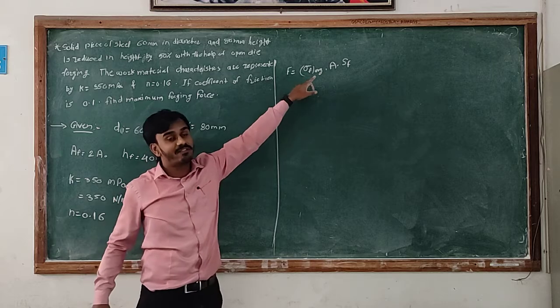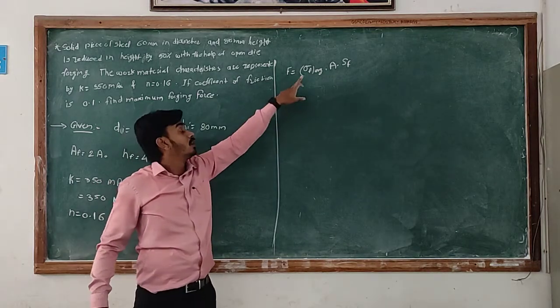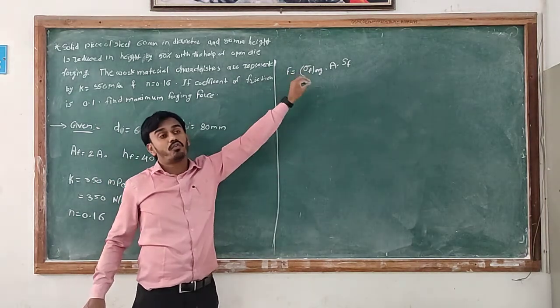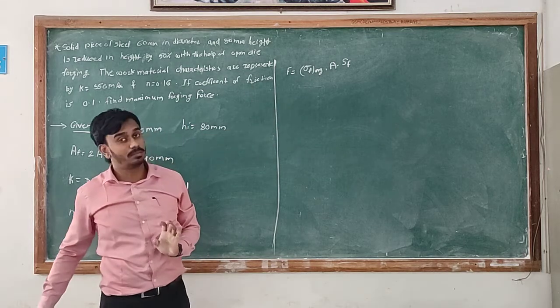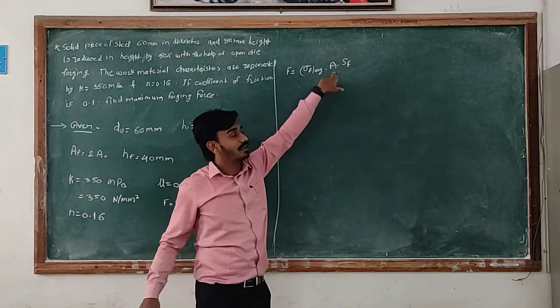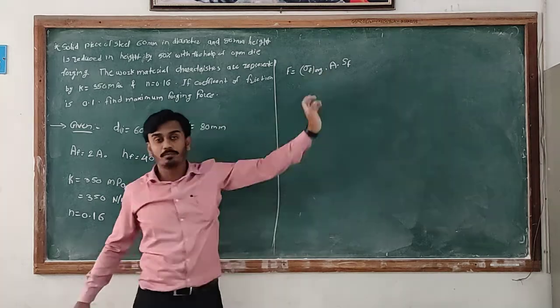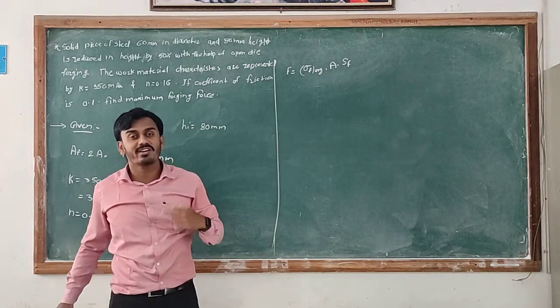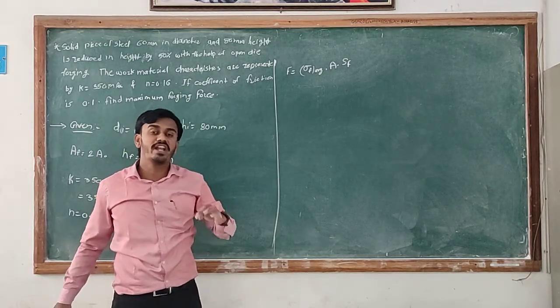What is this sigma F average? Sigma F average is the average flow stress of the material. A is the area of the material, but which area, initial area or final area? We have to find the force.